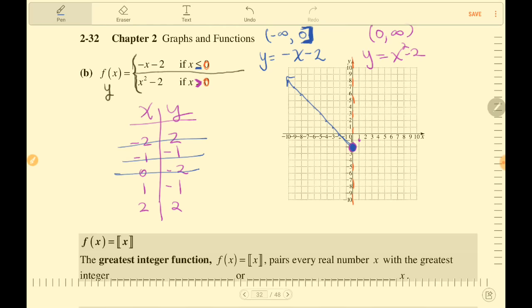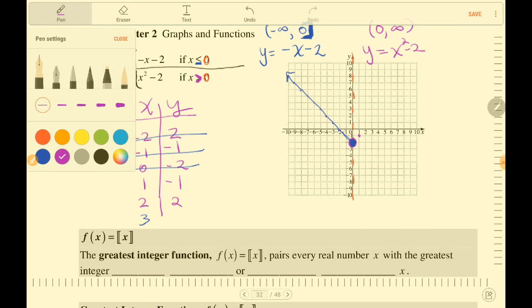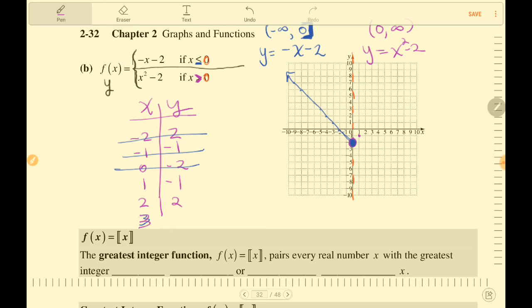I would keep going: for 3, 3 squared is 9, and 9 minus 2 is 7. So I've got 1 and negative 1 right here, and 2 and positive 2 right here.